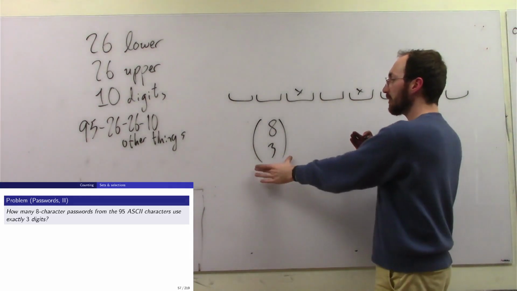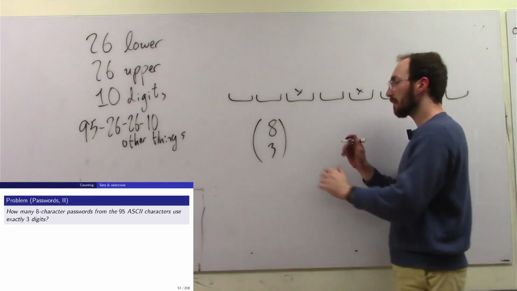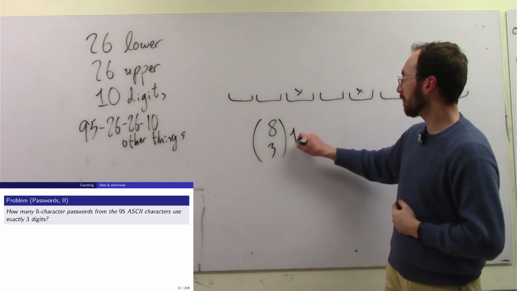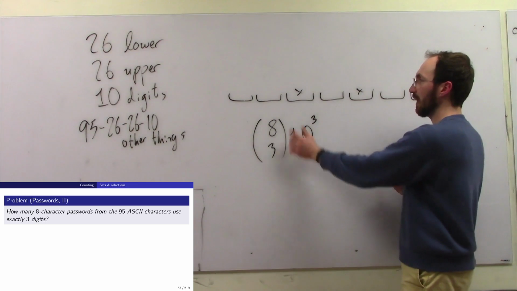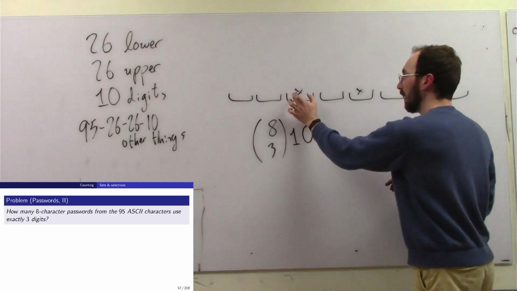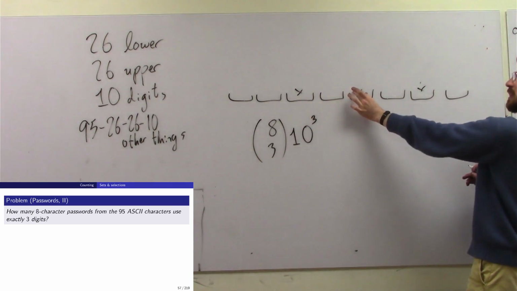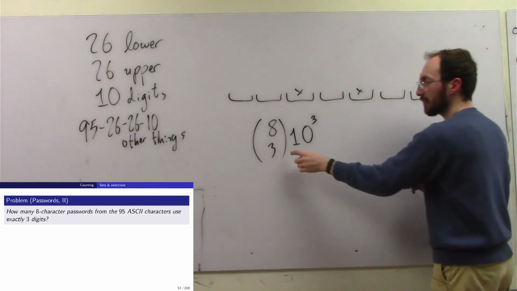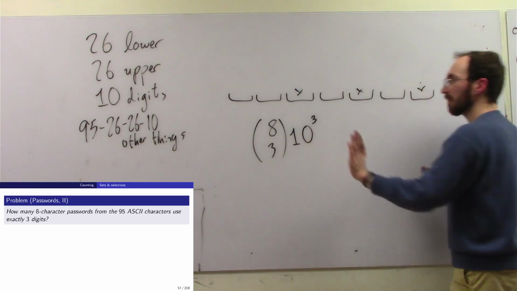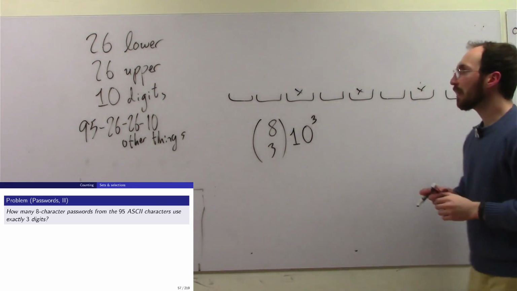And so for each of those spots, we have 10 digits. So there's 10 ways to pick this spot, there's 10 ways to pick this, and there's 10 ways to pick this. The multiplication principle tells us then there's 10 cubed ways to do that.